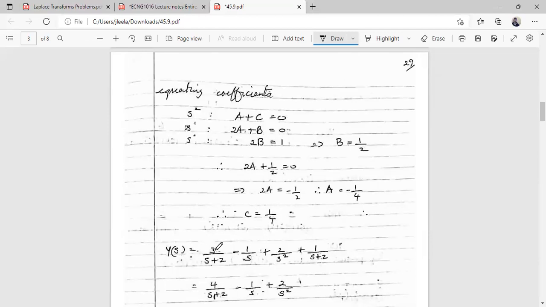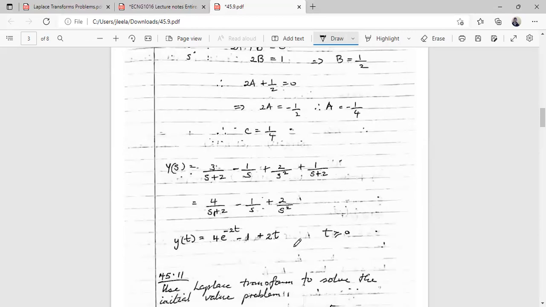So this is how I get my Y is 3 over s plus 2 minus 1 over s, because this is my A here, plus 2 over s squared, this is my B, plus 1 over s plus 2, this is my C. Note 3 over s plus 2 plus 1 over s plus 2 will give me 4 over s plus 2.